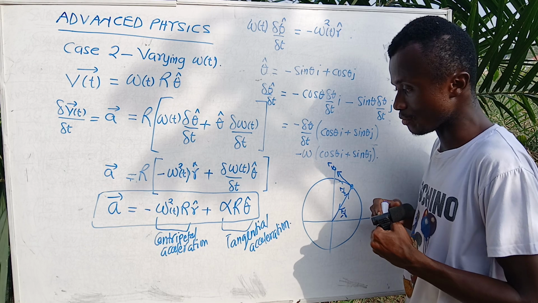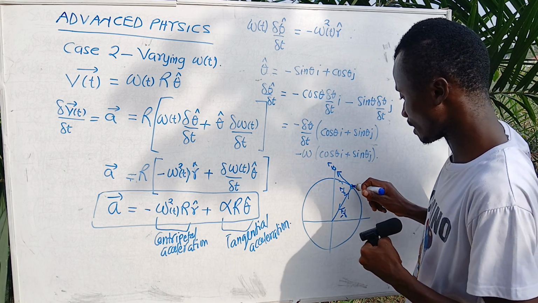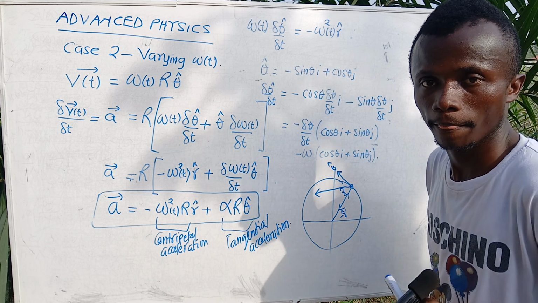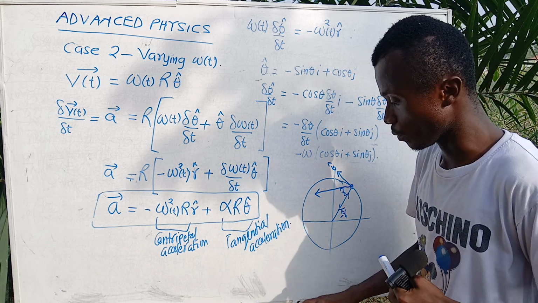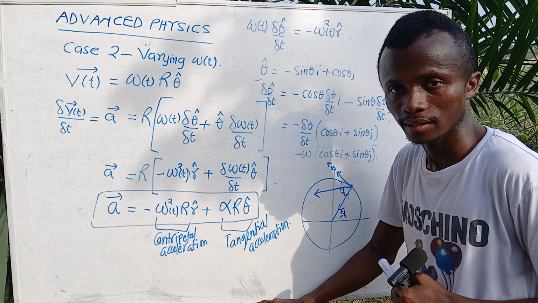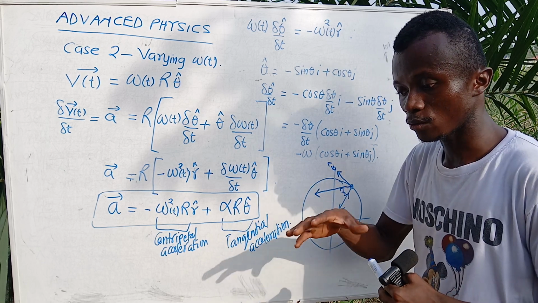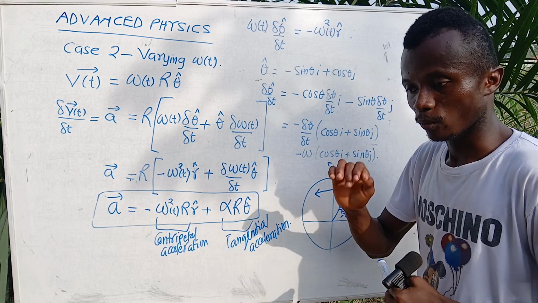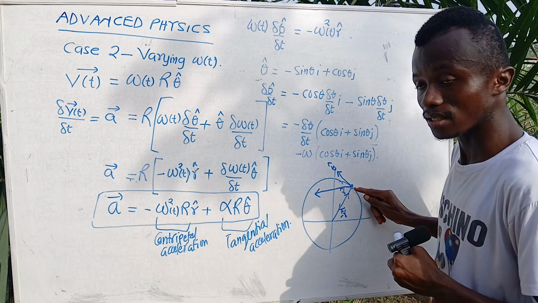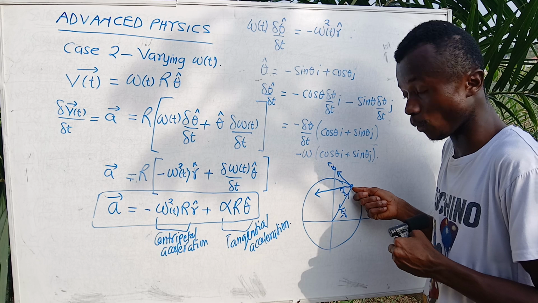So the net acceleration of the object will be pointing in an oblique direction at any point in time. In our next episode, we are discussing Newton's laws of motion, and the second law deals with forces. Whenever you have a force, there is an acceleration. So there is a force exerted on this object at every point on this trajectory.